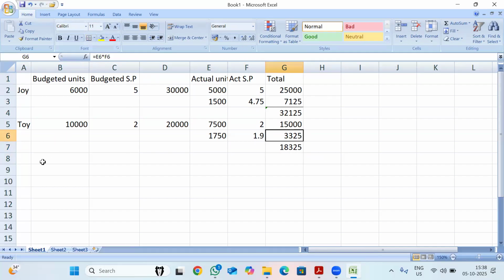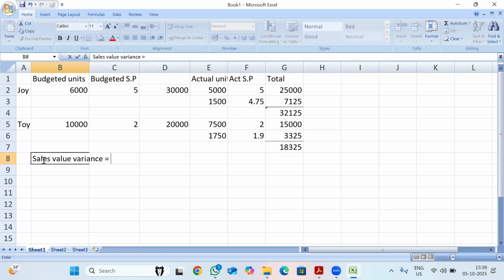Now I need to calculate first the sales value variance. Remember, sales value variance is the overall variance for sales. The formula is the difference between total actual sales minus budgeted sales. Here I want to take actual sales first because if my budget is 100 rupees and I am selling for 110, then I am gaining 10 rupees additional.